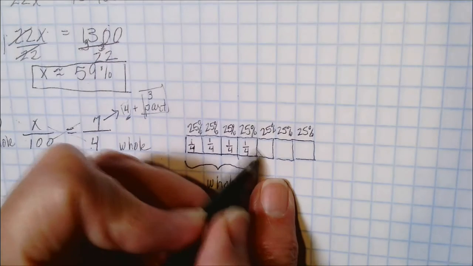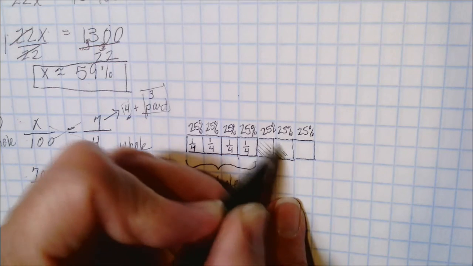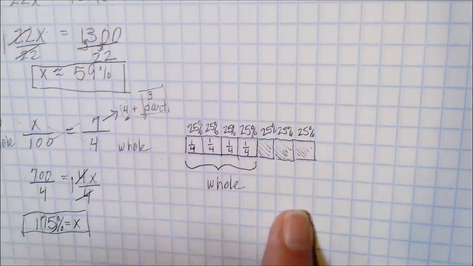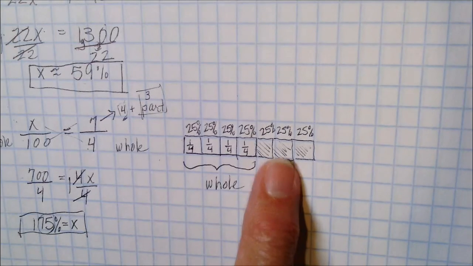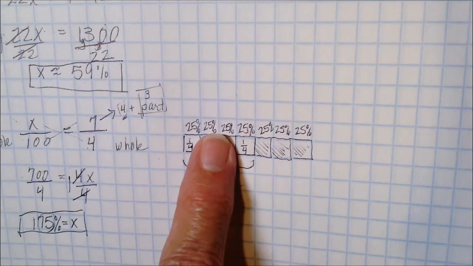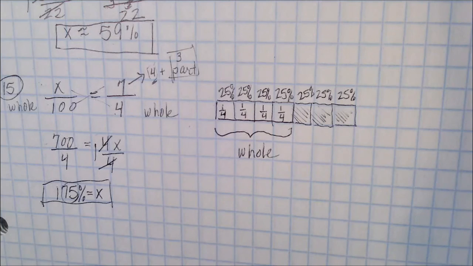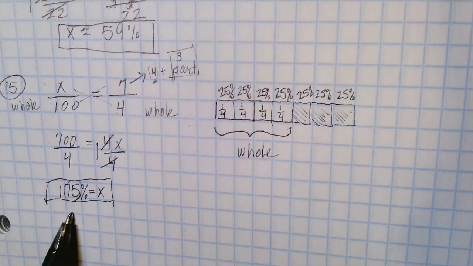So when I add these 3 25% to these 4 25%, I'm going to get 175%.